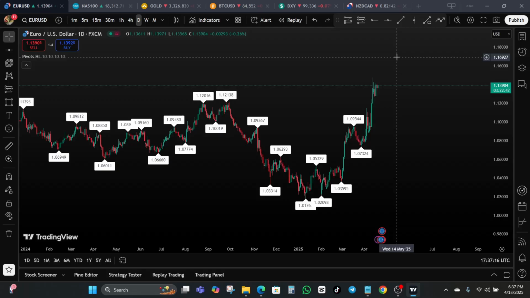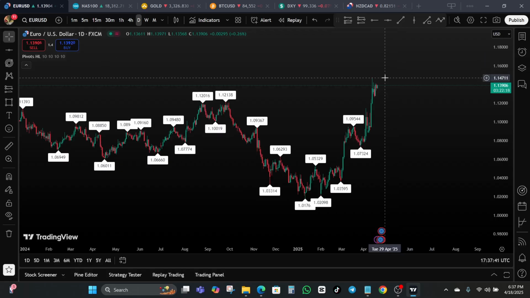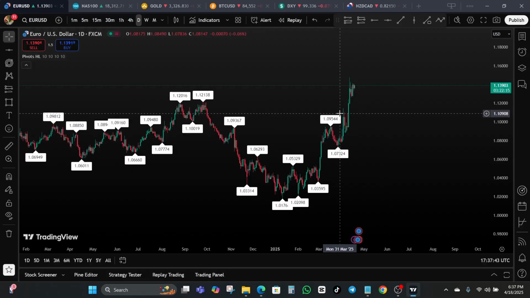The pivot points high-low indicator automatically marks the most recent swing highs and swing lows on your chart. These points are key because they represent local extremes in price action, places where price either reversed or paused before continuing. Now, by connecting these dots, you get a clear sense of structure without having to manually draw anything.